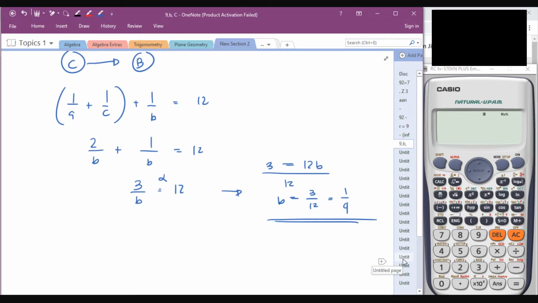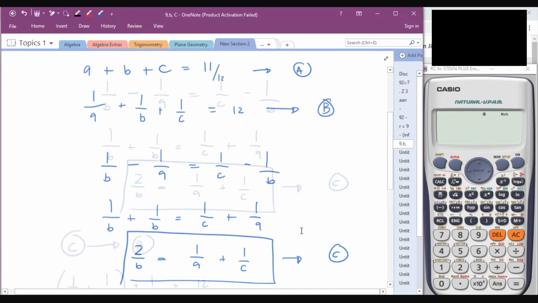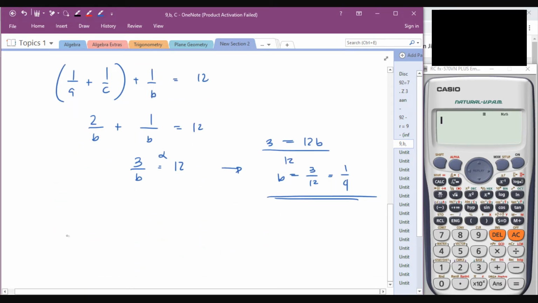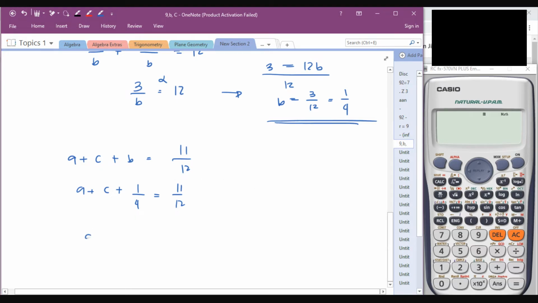What will you do next? Okay? So, nakuha mo yung value nun, then we can substitute this on equation A. So, A plus C plus B equal to 11 over 12. So, that is yung B, A plus C plus yung value niya, 1 over 4, equal to 11 over 12. Lipat natin dito sa kabila. So, A plus C equal to 11 over 12 minus 1 over 4, which is 3 over 12.